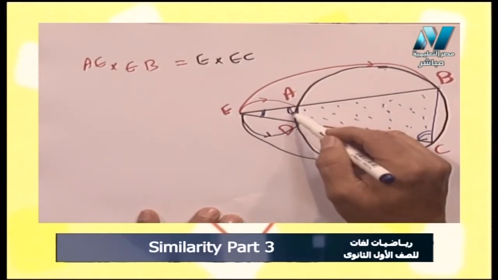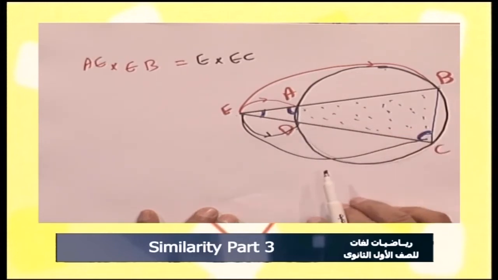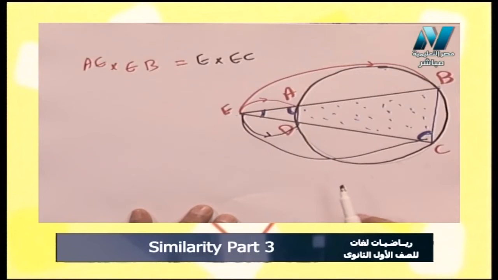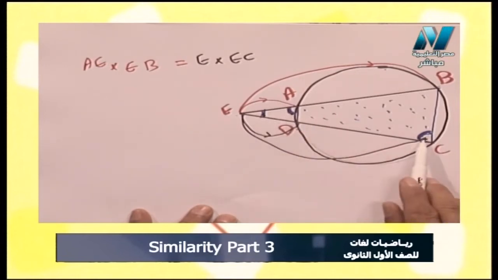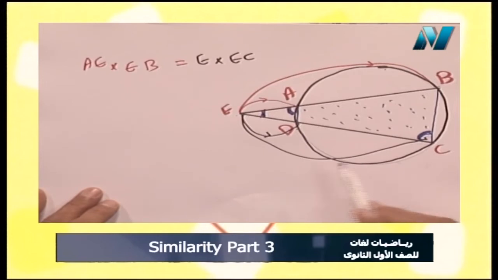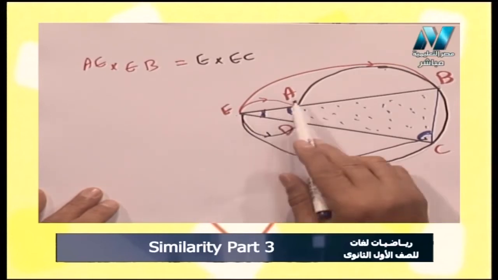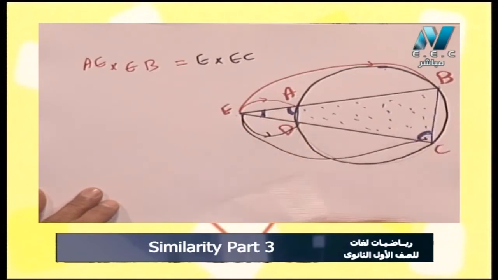So the exterior angle here equals the measure of the interior angle opposite to it. So we can say that this is a common angle, and this angle equals this angle. So we have AA similarity, or angle-angle similarity. So we can easily prove that triangle AED is similar to triangle ECB. We can write them in order.